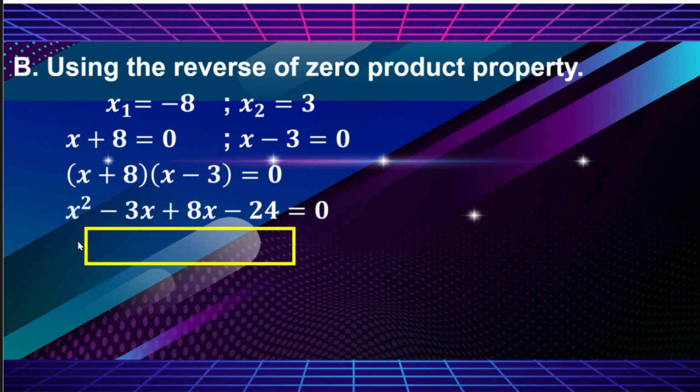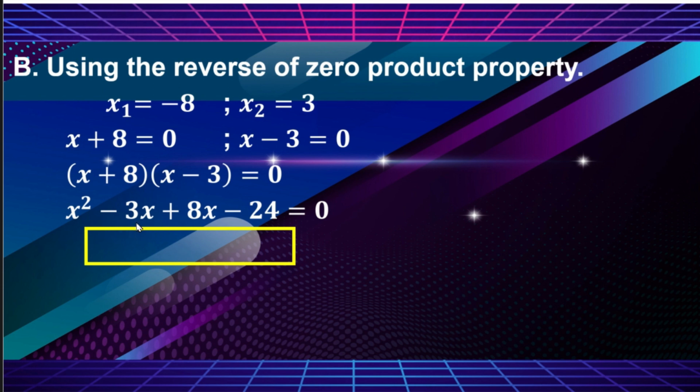But in this equation, we can see similar terms or like terms or terms having the same variable, and that is negative 3x plus 8x. If naa ganing similar terms, we need to simplify it.